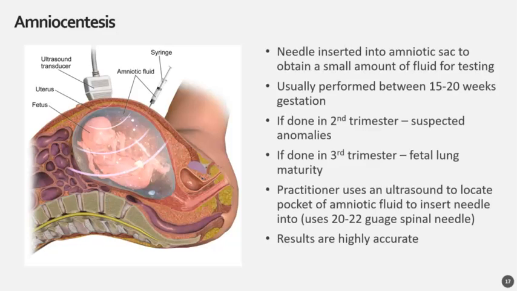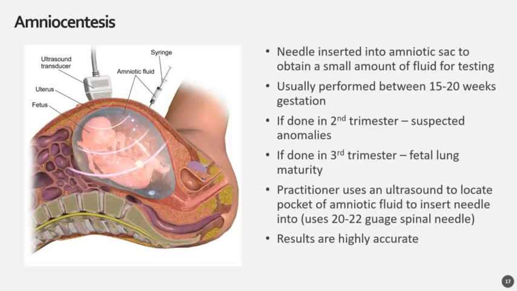Another test that can be done is an amniocentesis. It's a diagnostic procedure where a sterile needle is inserted into the amniotic sac, and then a small amount of fluid is aspirated for testing. It's usually performed between 15 to 20 weeks of gestation. Most practitioners will not perform this test before 12 weeks because of the increased risk of complications.